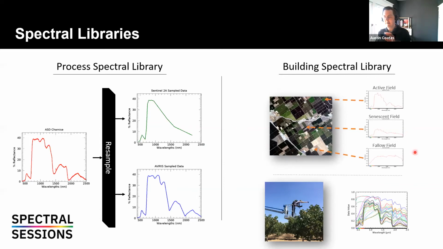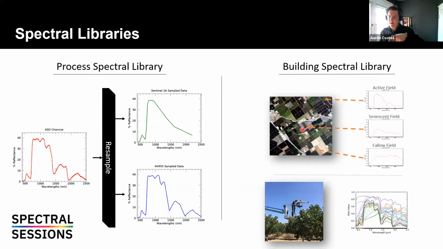And so I'm going to grab spectra from all of those different areas within my image, or I could have gone out by hand and collected them all with a handheld spectrometer, and I would build up a library. And this library would just have the spectra, and then it would have the name of it. And that's really great, especially if I'm going to build it from the image that I'm going to classify or do more work on.